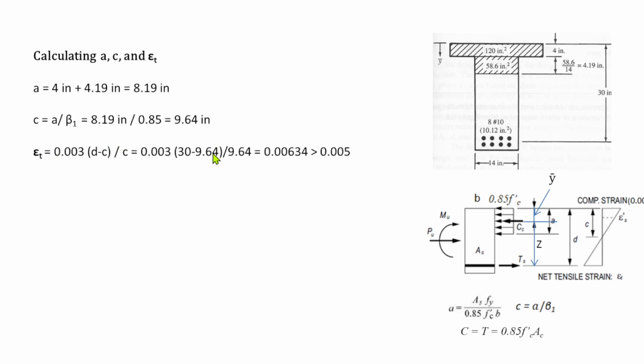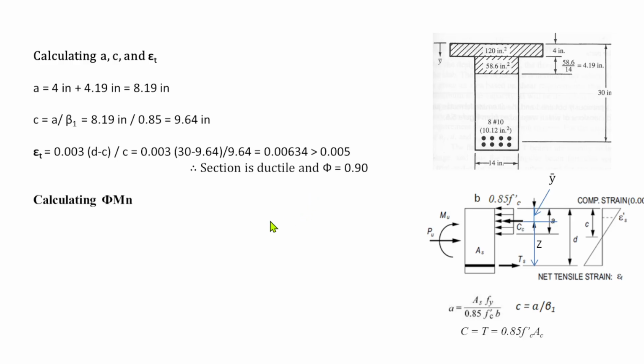Then substituting all these values, you will get 0.00634, which is greater than 0.005. So this section is ductile, and I'm using phi equal to 0.9, and Fy equal to the yield strength is correct. So our assumption is correct.